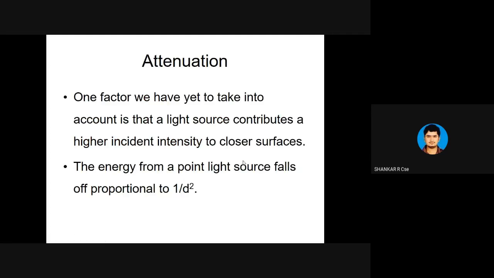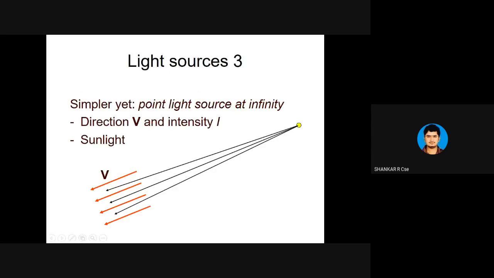Attenuation is something called loss. For example, if you go to the sun, there is heavy light here, and as the distance increases, slowly the light intensity decreases. For example, you turn on your tube light, you go nearer to the tube light, you can see more intensity. You go farther from the tube light, you can see the intensity will be less.